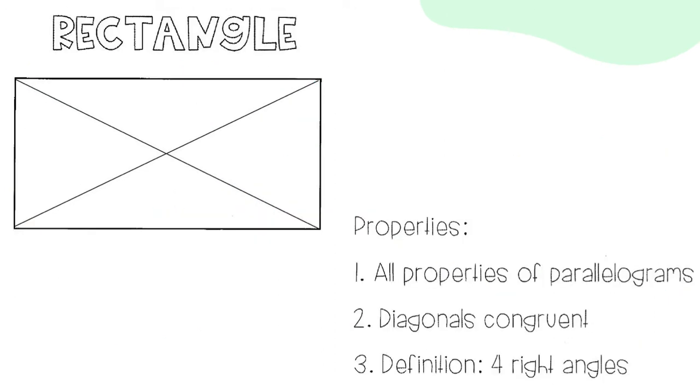For my rectangle, I know all the properties of a parallelogram are going to be true, but I'm not going to draw all of those right now. I'm going to just focus on the two that are specific to just a rectangle. So that would be that the diagonals are congruent. So if I go ahead and mark this as rectangle ABCD, then I know that AC is congruent to BD.